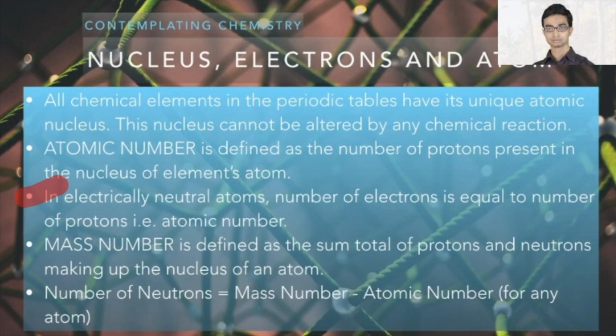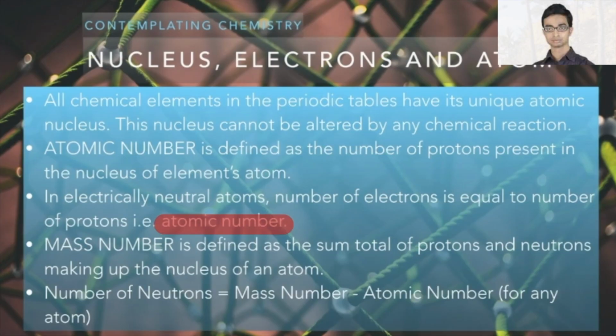Thus, each chemical element has its unique number of electrons equaling the number of protons in its respective atom. This uniqueness is designated as atomic number. However, this atomic number is officially defined as the number of protons present in the nucleus, because chemistry can alter the configuration of electrons arrangement but cannot alter the nucleus.